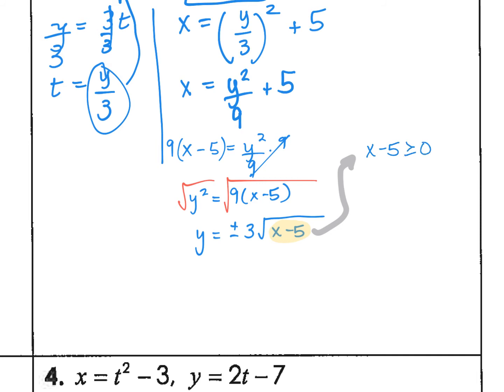Right? We can take the square root of 0. We just can't take the square root of a negative. The reason we can't do that is because we're trying to make a real graph. These are real functions. That would be an imaginary function, which wouldn't work. So x has to be what? Greater than or equal to 5.